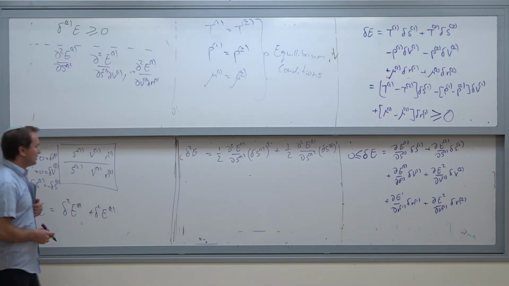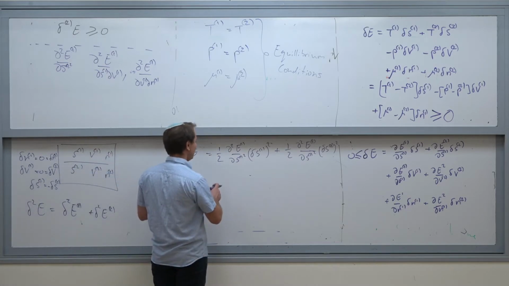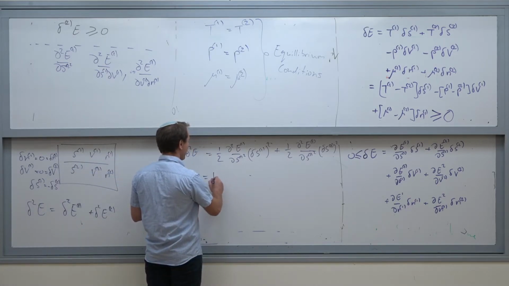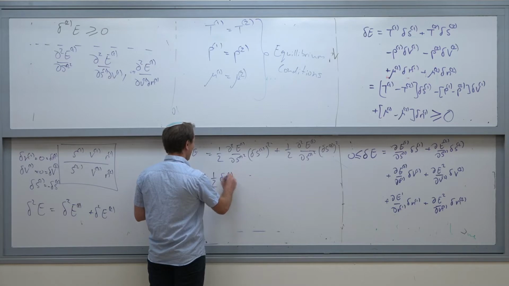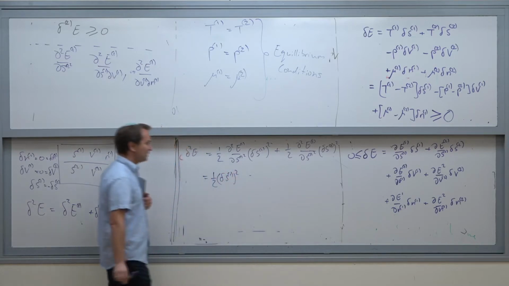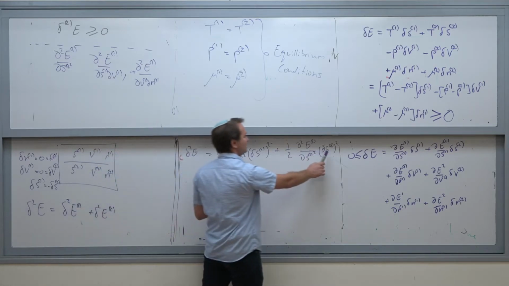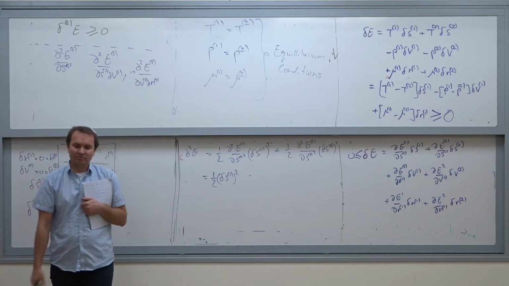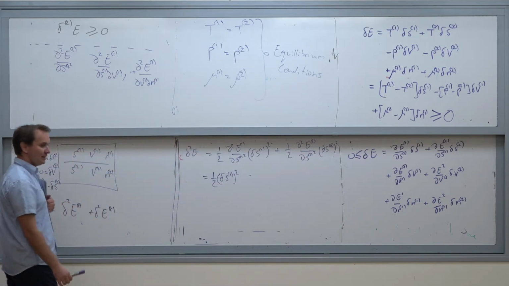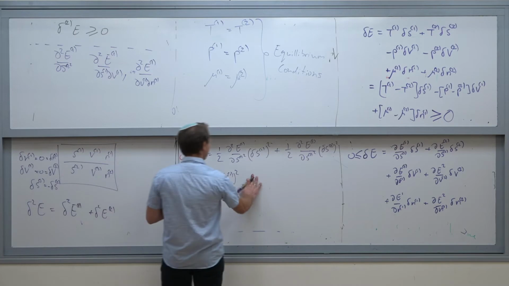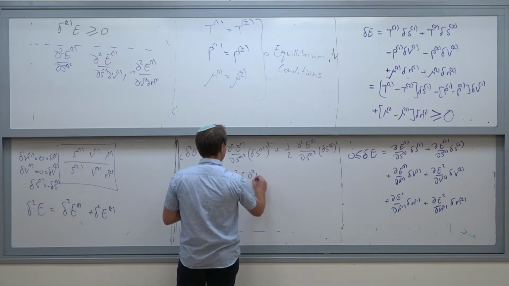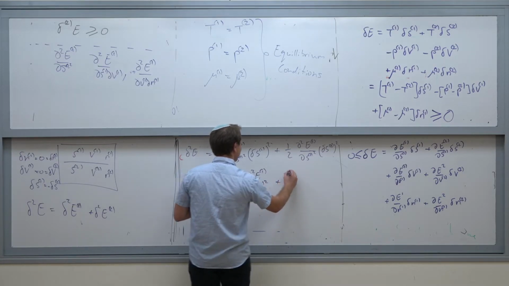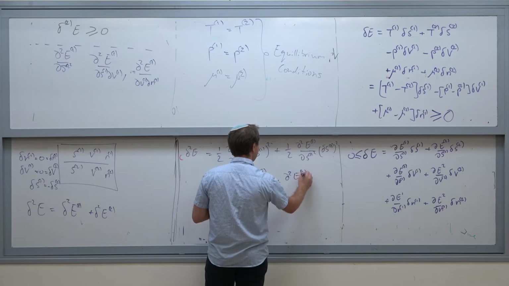First of all, we can take outside 1/2 delta S1 squared, because delta S1 equals minus delta S2, but squared, we don't care about the sign. And inside we have d squared E1 over dS1 squared plus d squared E2 over dS2 squared.